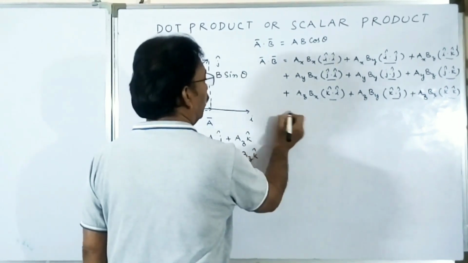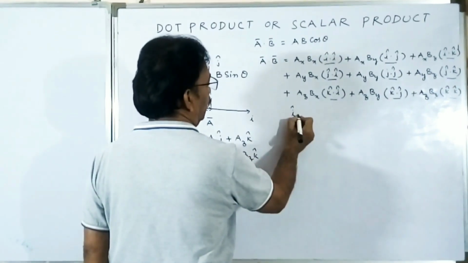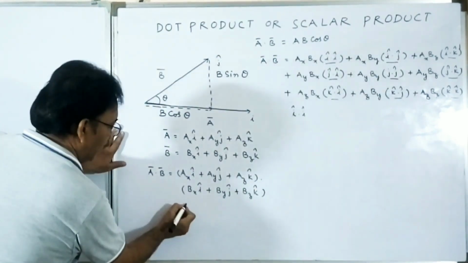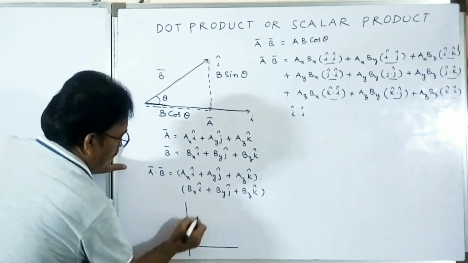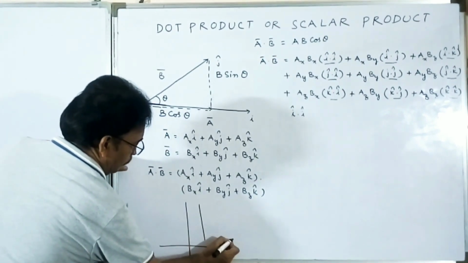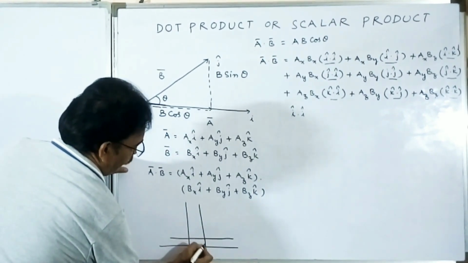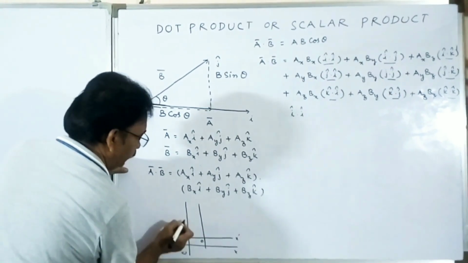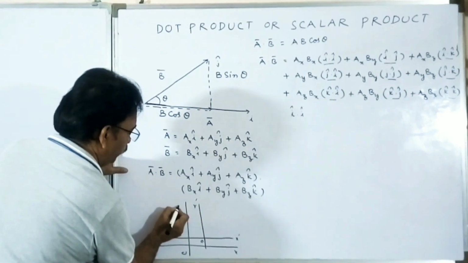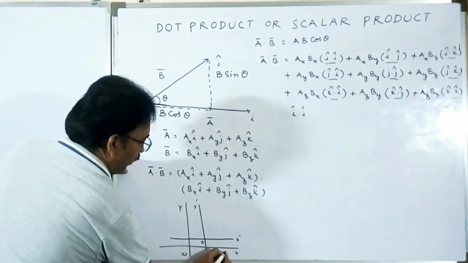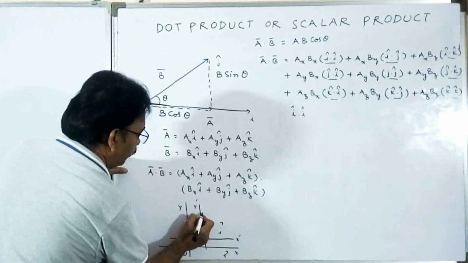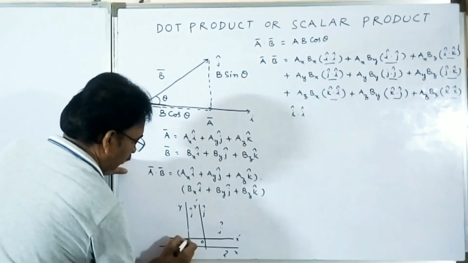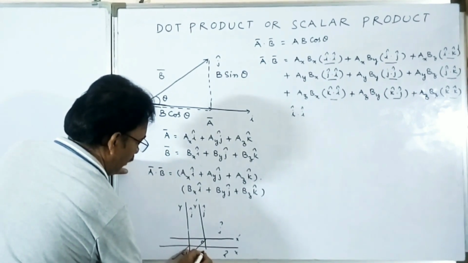If you take i cap dot i cap, what does it mean? Here you can represent the system like this: the origin, the x-axis, the y-axis with unit vectors i cap and j cap, and if you consider the third axis, it is k cap.